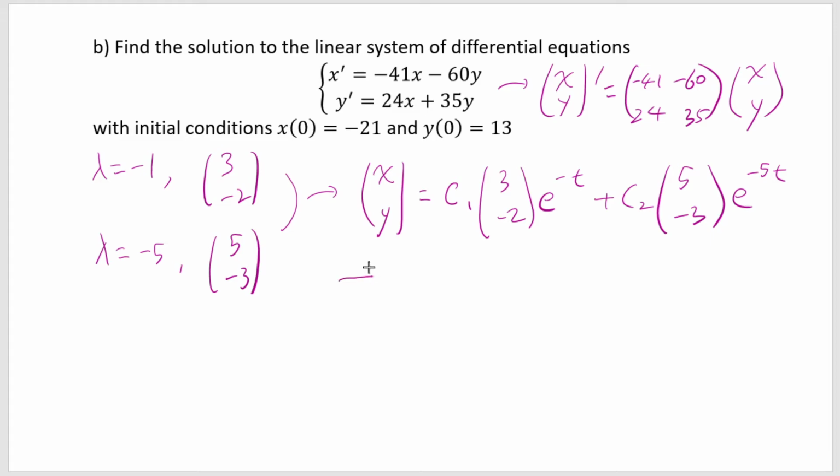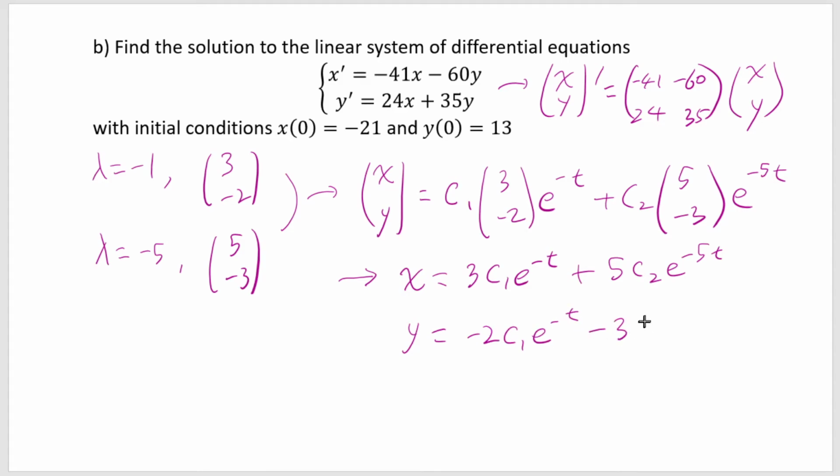And you also need to be able to read off the x and y separately in order to use the initial conditions. So x reads as x equals 3c1 e to the negative t plus 5c2 e to the negative 5t. On the other hand, y is negative 2c1 e to the negative t minus 3c2 e to the negative 5t.